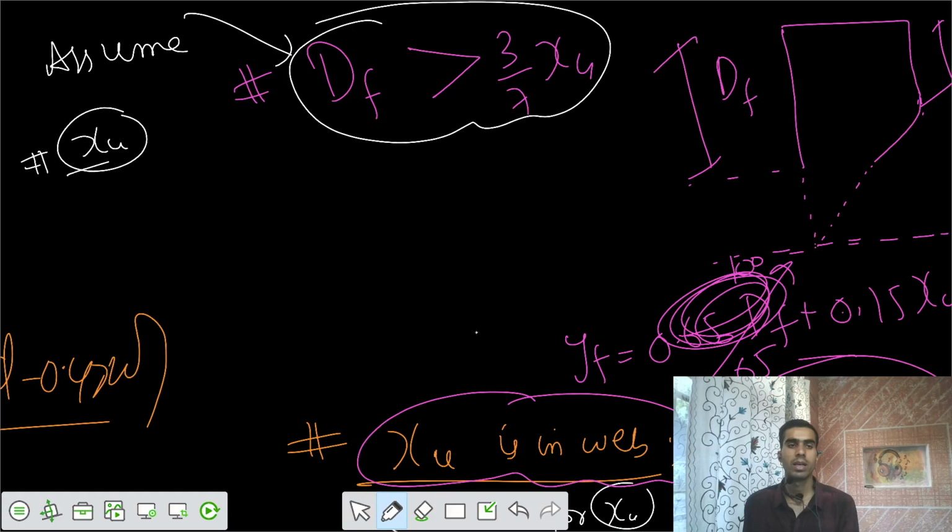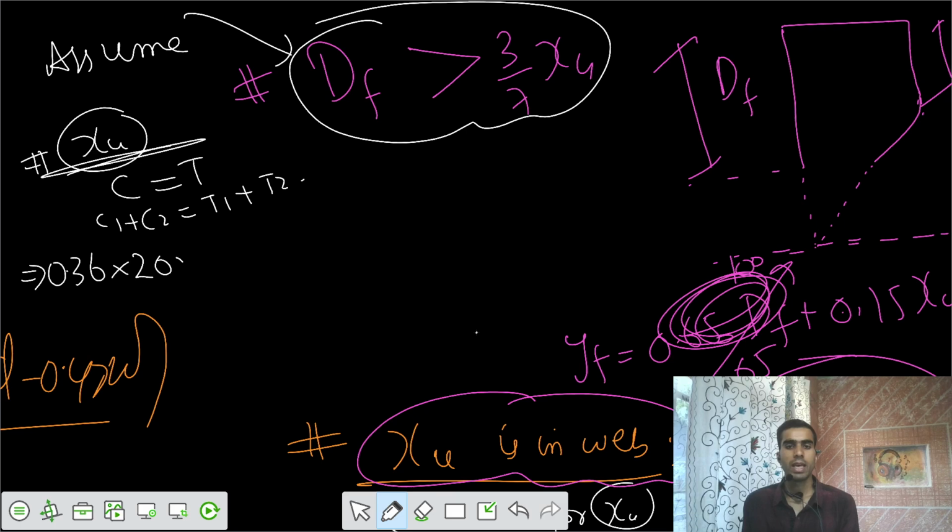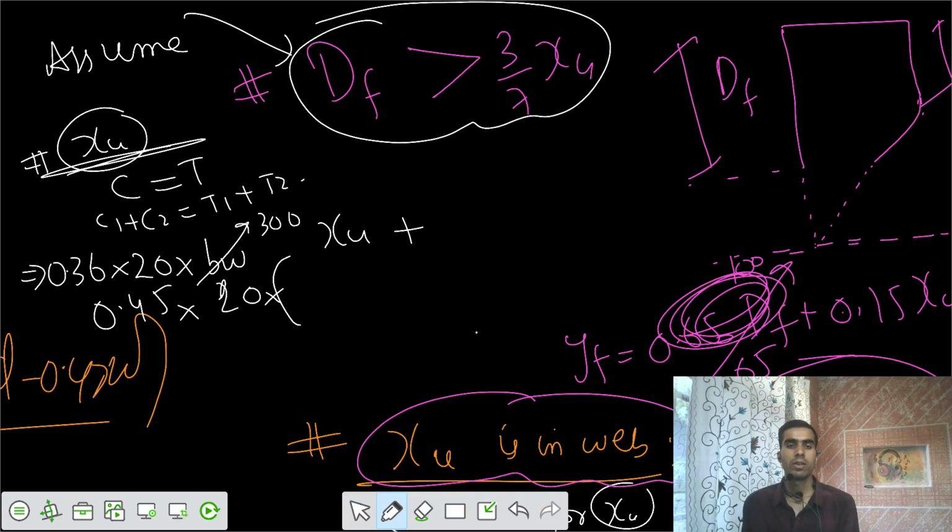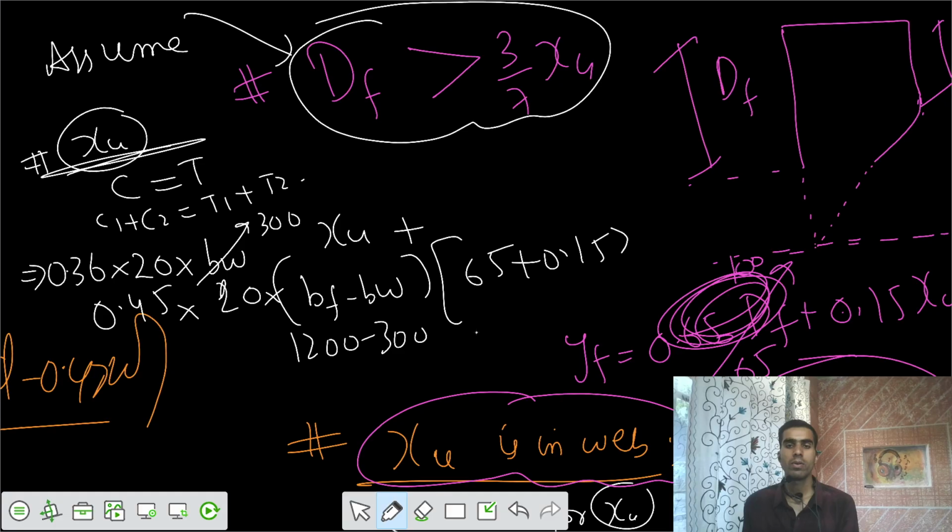C equals to T, that is C1 plus C2 equals to T1 plus T2, and I would say 0.36 fck bw xu plus C2 force of 0.45 fck, and the difference of those widths, bf minus bw, that is 1200 minus 300, times yf, 65 plus 0.15 xu.